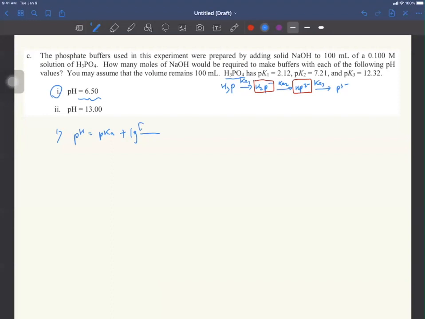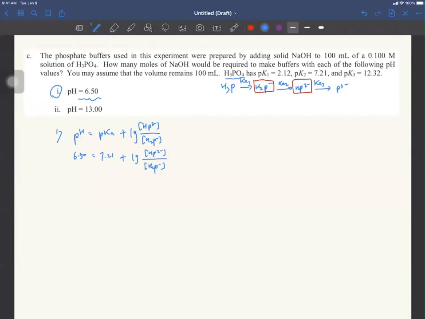So it will be the molarity of HPO4 2 minus over H2PO4 minus, right? If you put the values in, we should get the ratio of these two. I will skip the calculation part. You can try it by yourself.